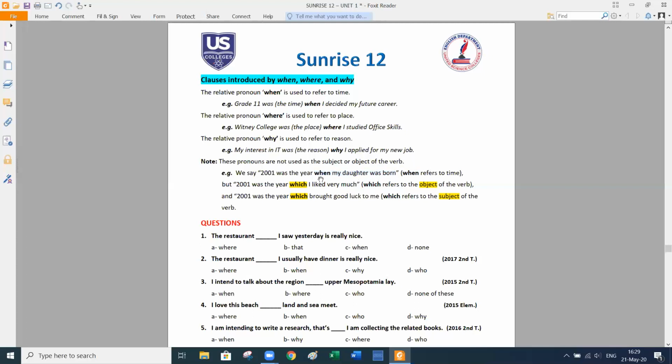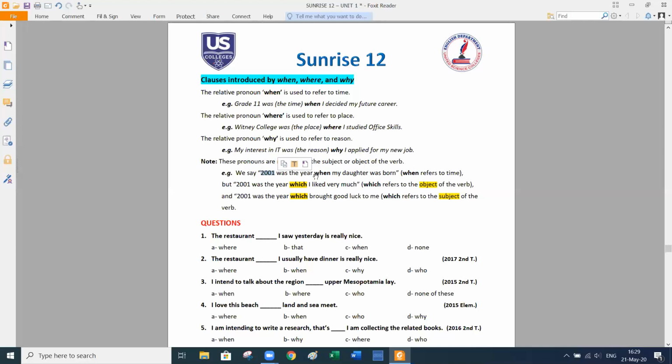So here, the relative pronoun when refers to a time expression. That's why we use when. And pay attention that we ask a question using the question word when. So when it is possible to ask the question word when, it means we are talking about a time reference.